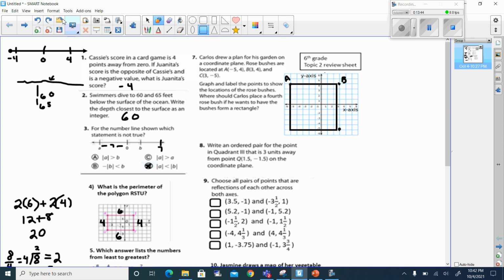All right, so I'm going to get rid of that. And that tells me that it should be right about here. And what is this coordinate? We're talking 1, 2, 3, 4, 5, negative 5. And let's see, going down 1, 2, 3, 4, 5. Looks like another negative 5.